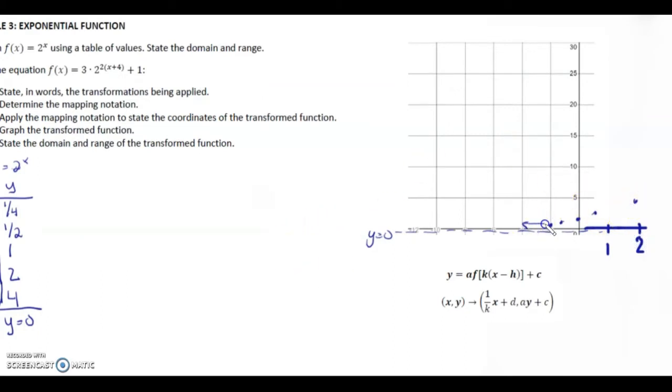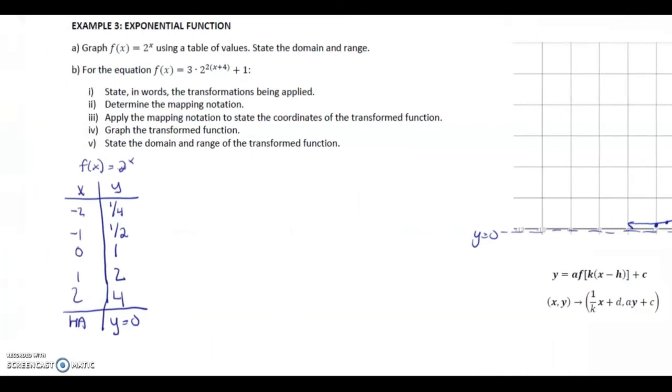So that is going to look like this, and it's going to go up. Sorry about the graph.